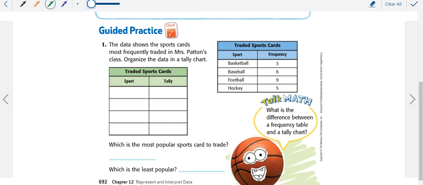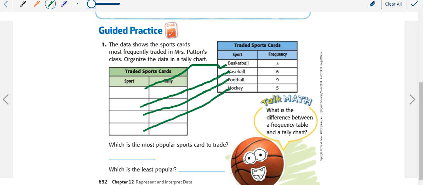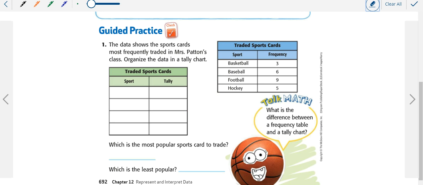Now, the sports are basketball, so you're going to write basketball here, baseball here, football, and hockey. Okay, you're going to write the sports over here. After you write the sports, you're going to draw the tallies. Now, for the first sport, which is basketball, let's see how many voted for basketball. 3.